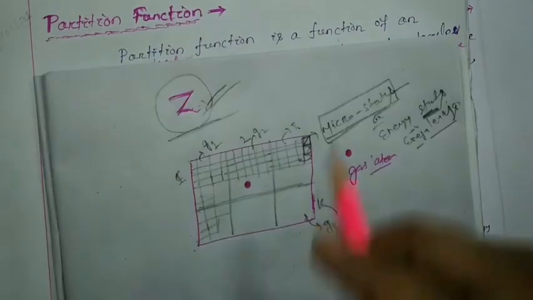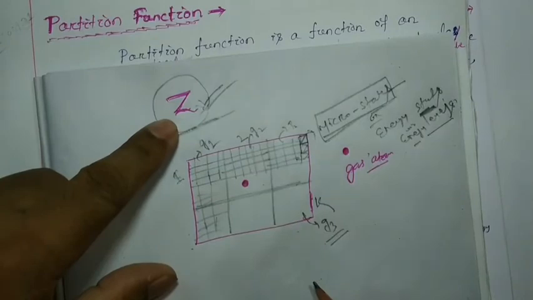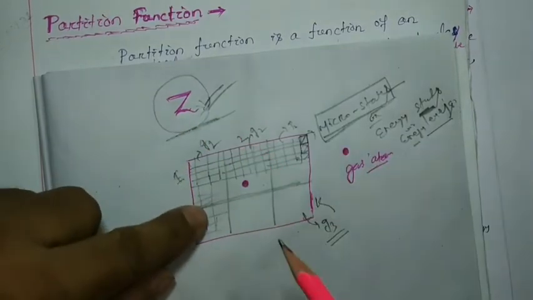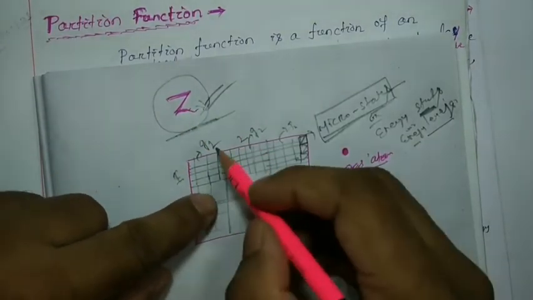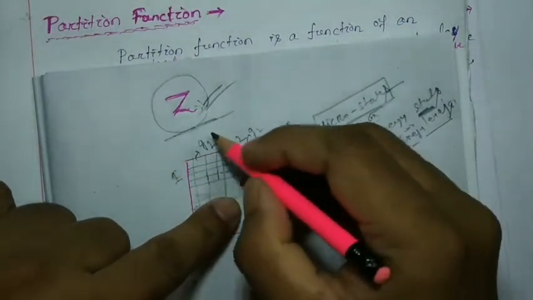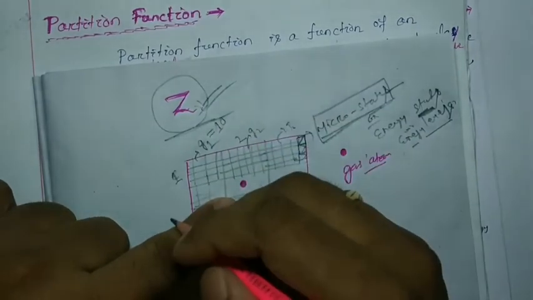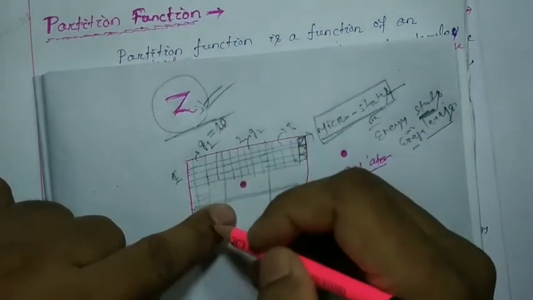Now, this partition function directly depends upon what? Carefully watch. Suppose this compartment 1 has G1 subcells. Suppose we consider G1 to be 10. Initially it was 10.